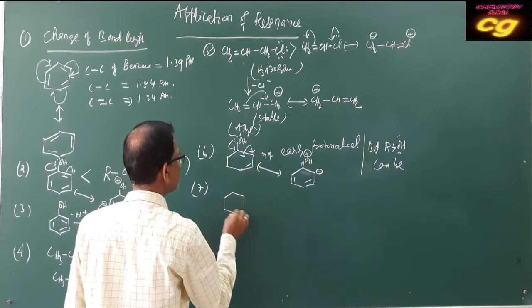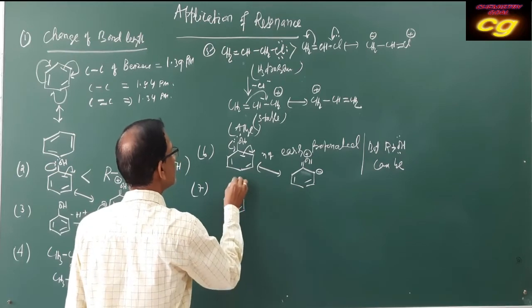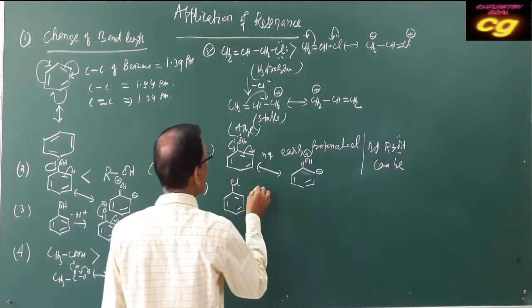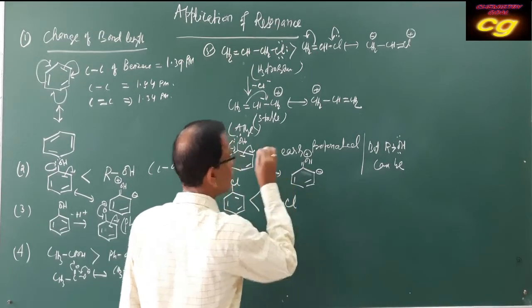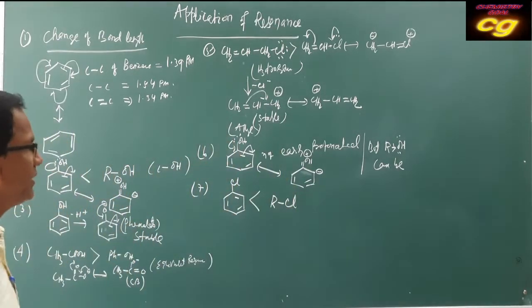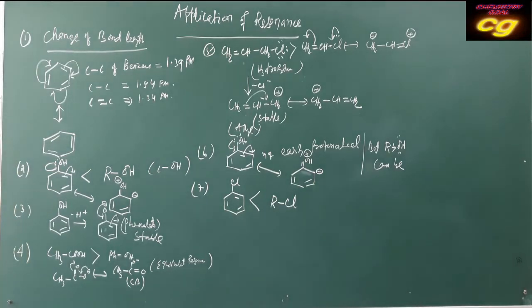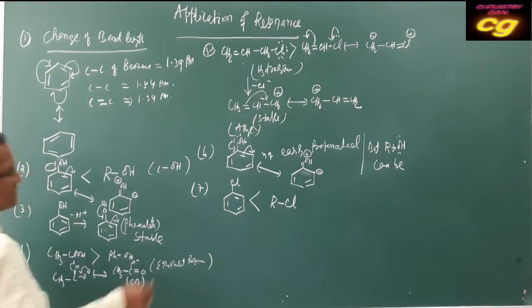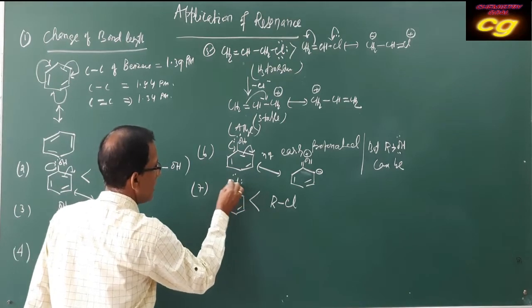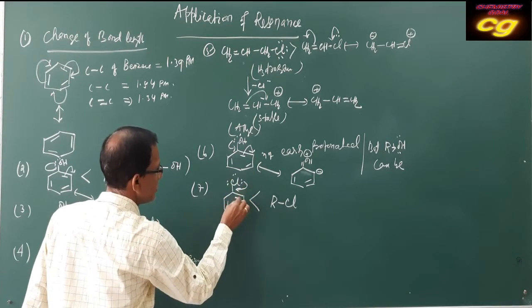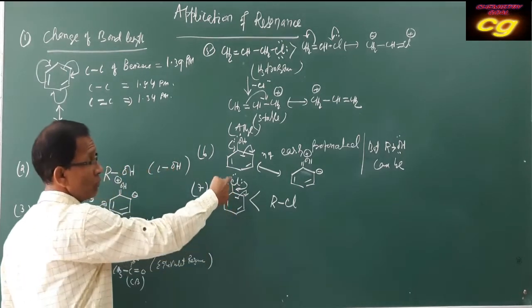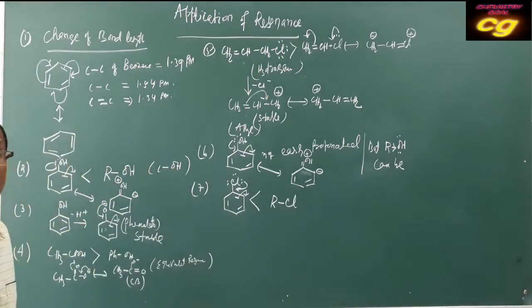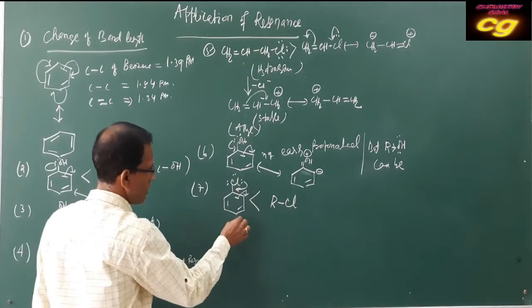Chlorobenzene is less reactive than chloroalkane, because, same as phenol, it has resonance, so chlorine gets double bond character.